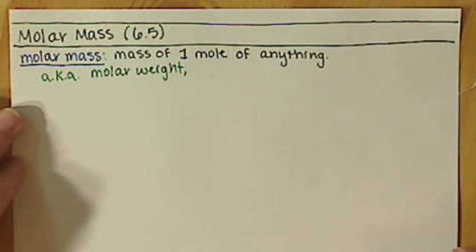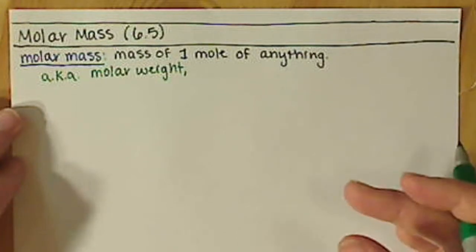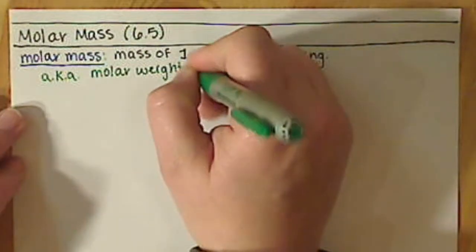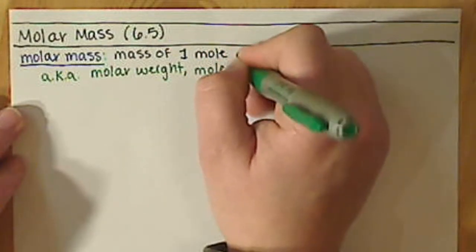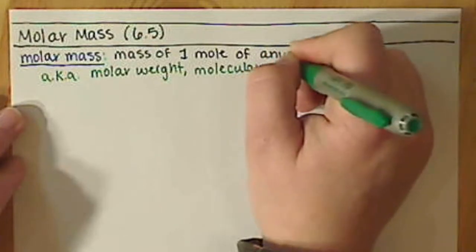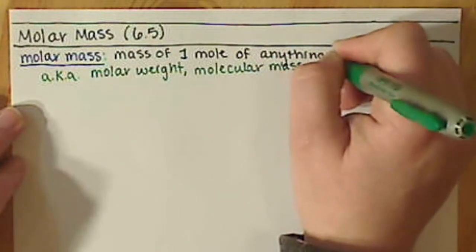Sometimes, because we're going to deal with covalent compounds, we deal with molecules, so you might see this called molecular mass or molecular weight.